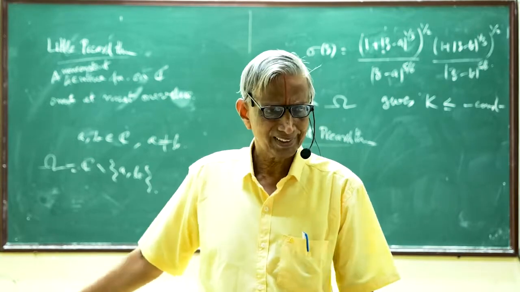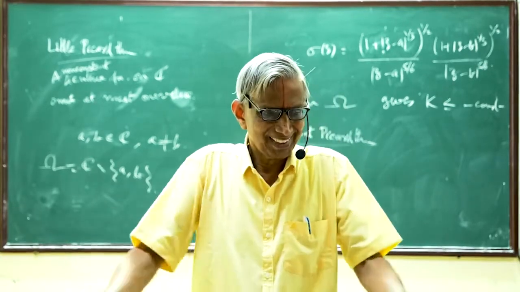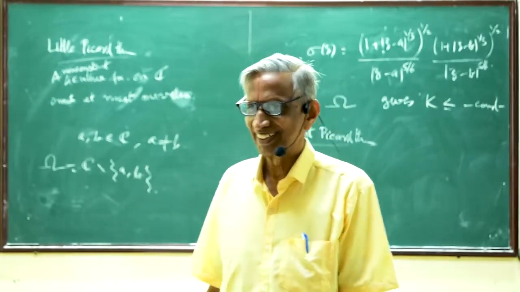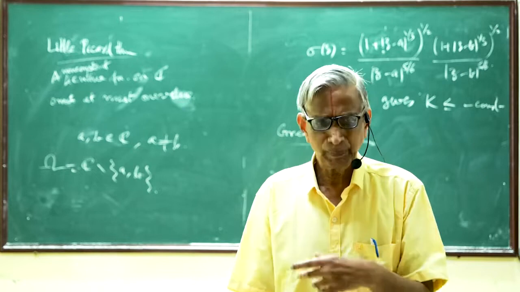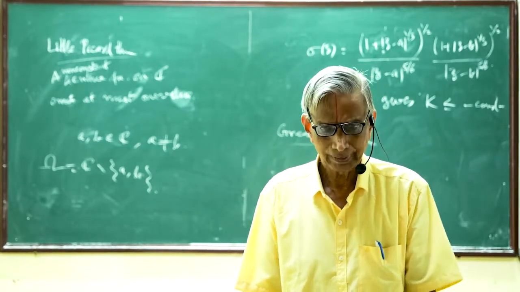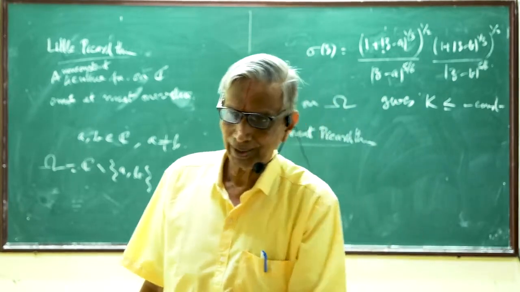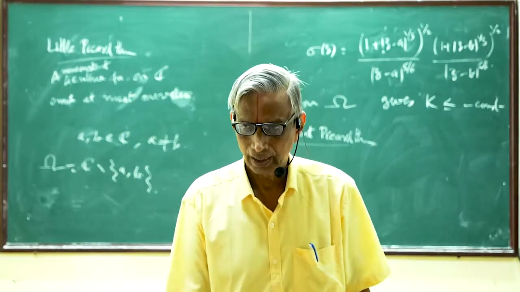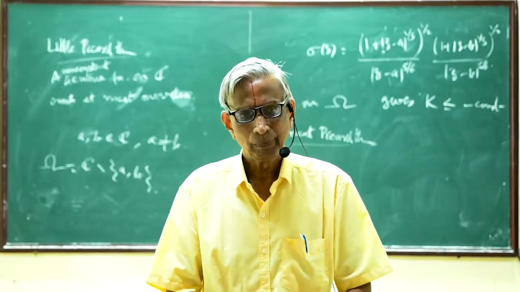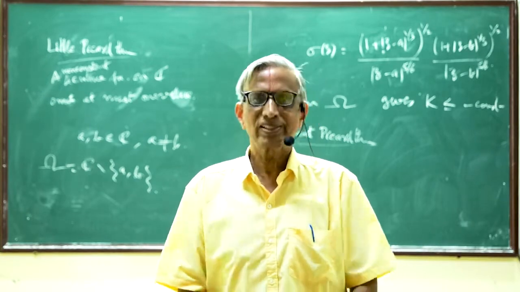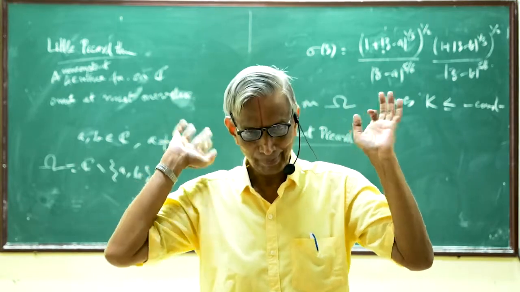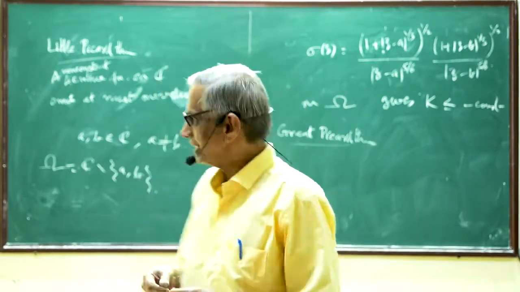The little Picard theorem was just a walk in the park, let's say. But for the great Picard theorem, you need a few more things, like Montel's theorem, and so on. You can prove Montel's theorem using the Ahlfors lemma. So a little more work is needed, but still it is much, much easier than the other proofs of the great Picard theorem. Okay?